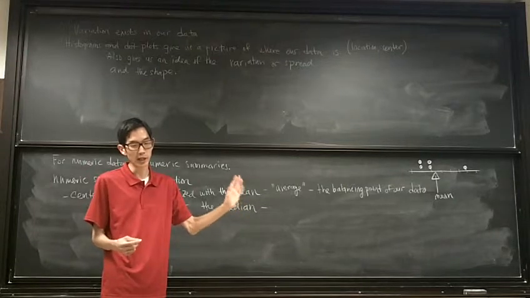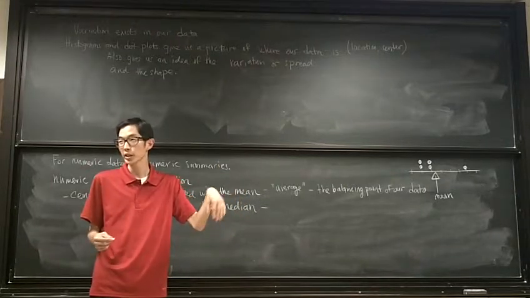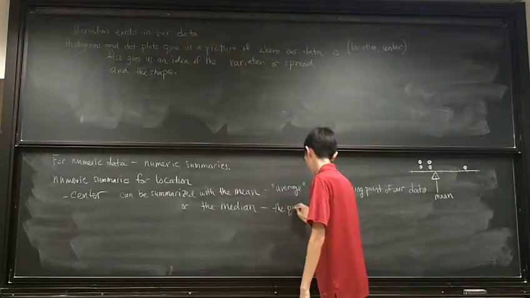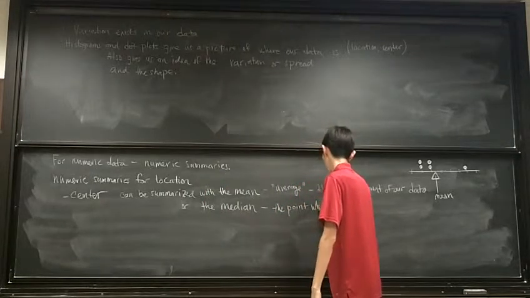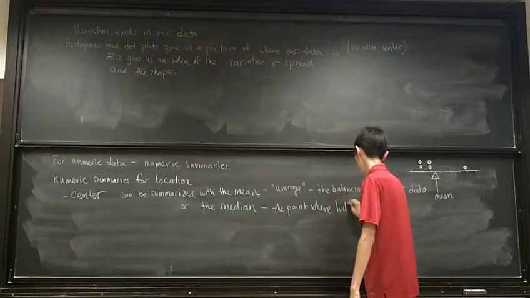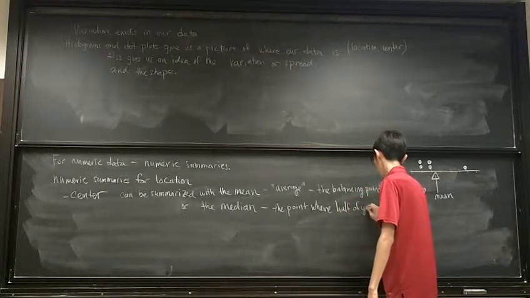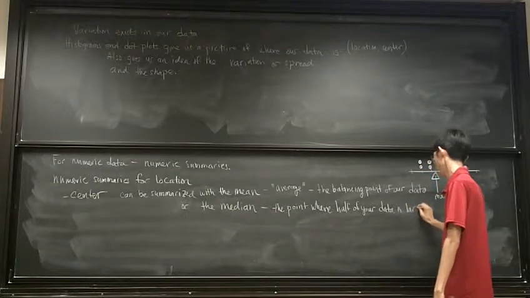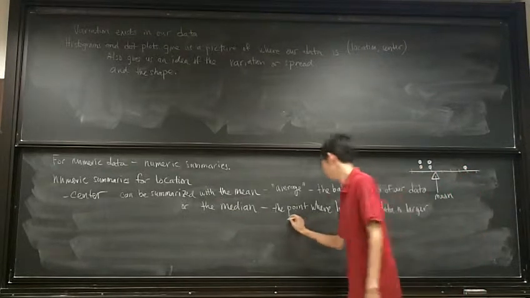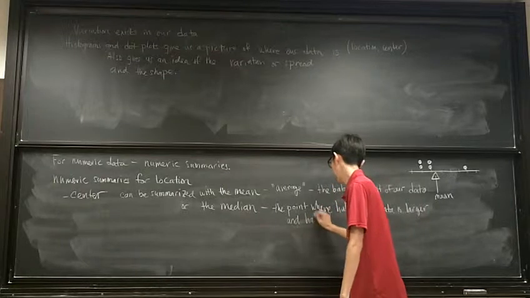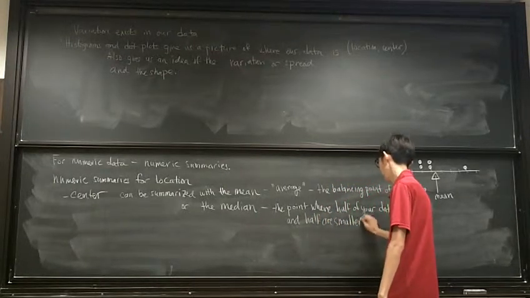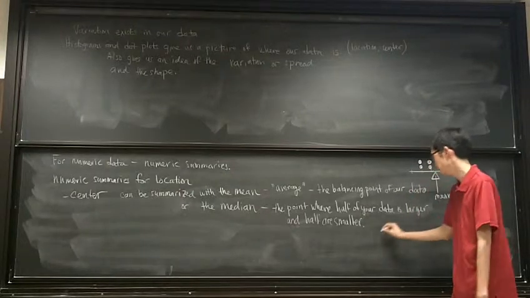This is the point where half of your data points are larger and half are smaller. This is the middle point.